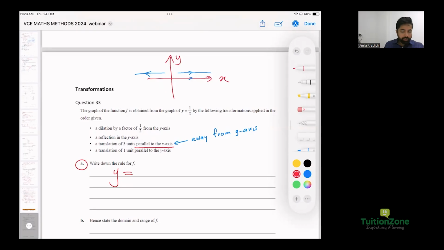Can I just read the question again? Yes. If you do it one by one, this is the dilation, which is half from the y-axis. Usually if you say y-axis dilation, we get the reciprocal. So half becomes 2, which is your x literally becoming 2x.